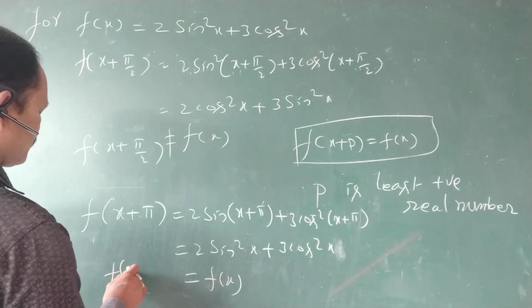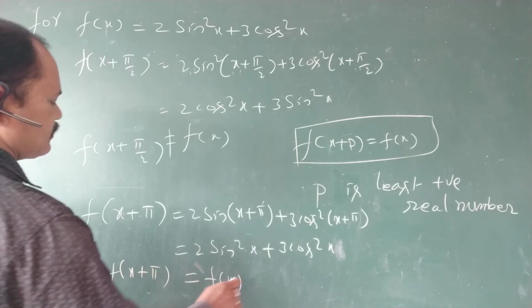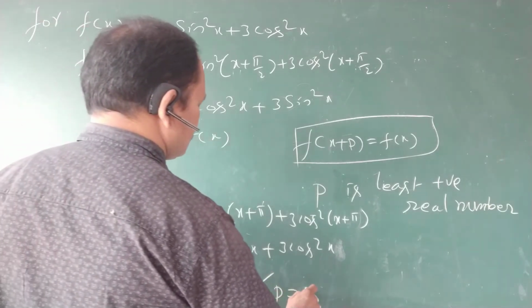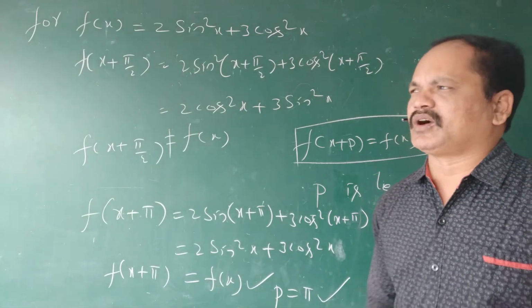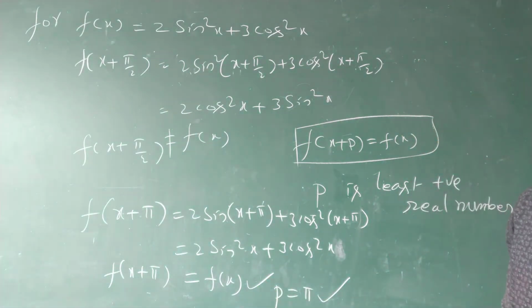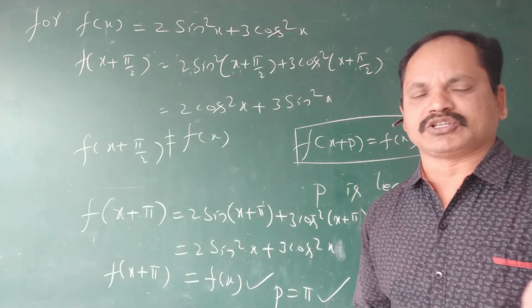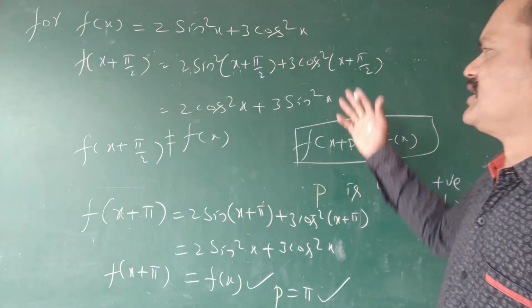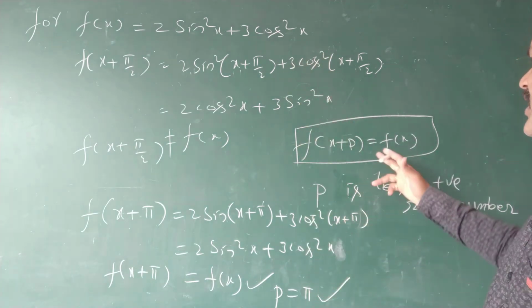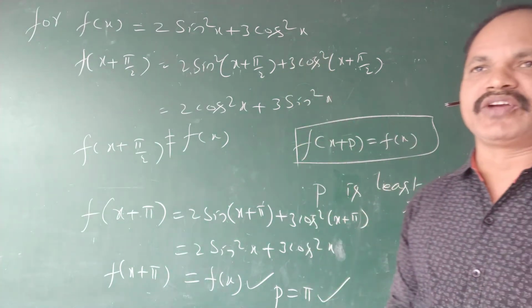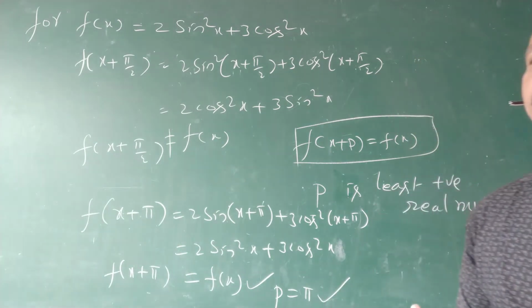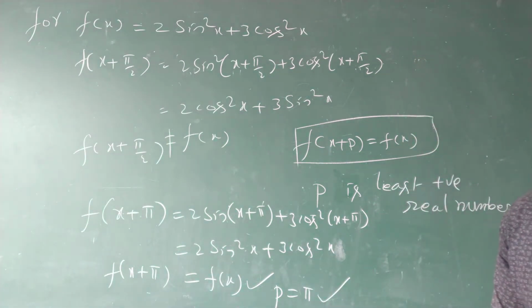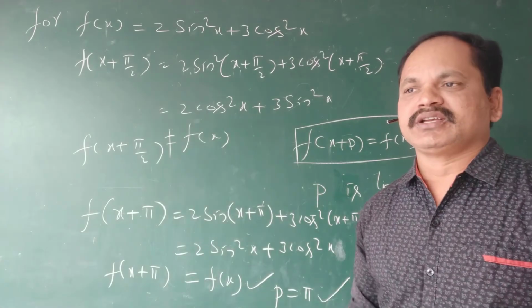So it is satisfied: f of x plus pi is equal to f of x, so p is equal to pi. For this function 2 pi, 3 pi, 4 pi, 5 pi, 6 pi, 7 pi all satisfy f of x plus p equal to f of x, but pi is the least among them. That's why pi is the period of this function.